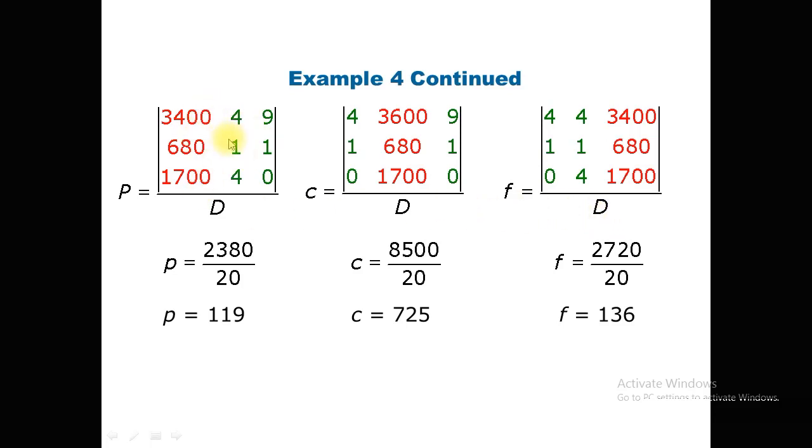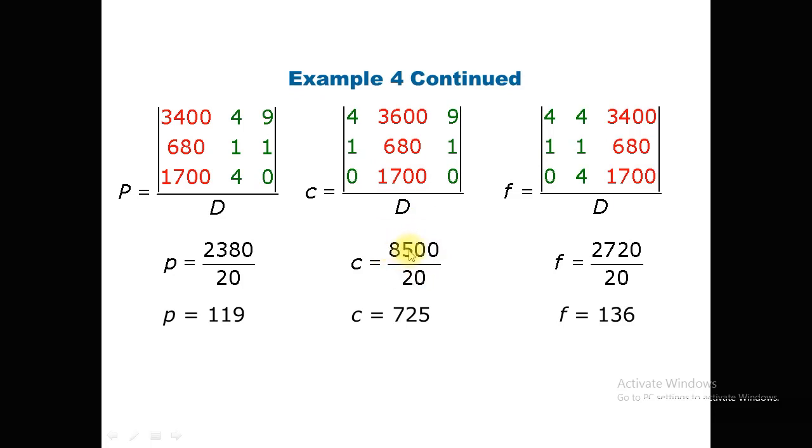So the value of this determinant is 2380, and the determinant of the coefficient matrix is 20. Dividing this result by 20, we obtain the value of p is 119. Now the value of this determinant is 8500, and the determinant of the coefficient matrix is 20.